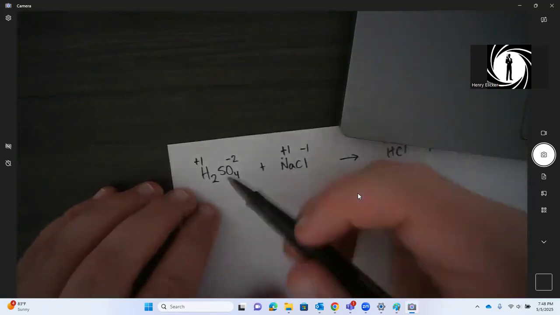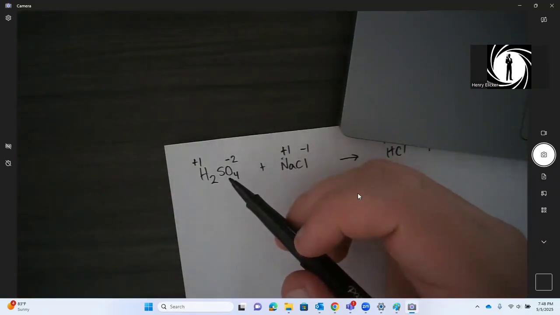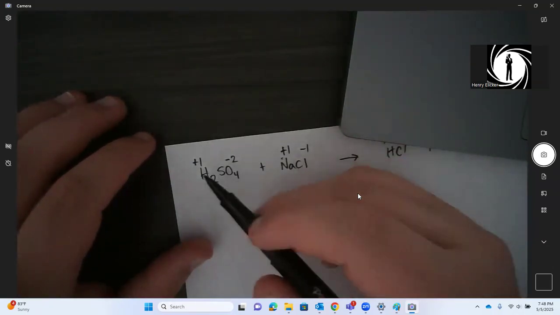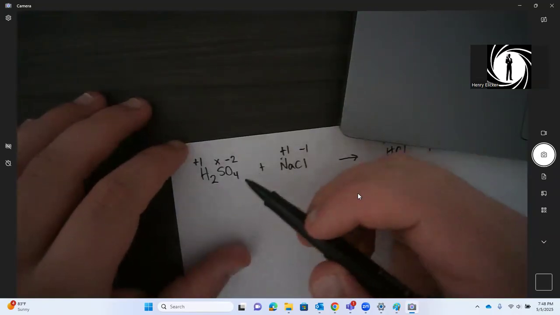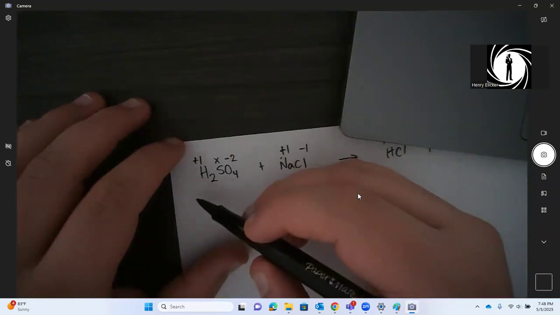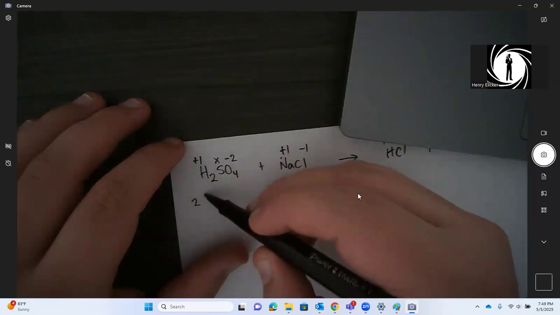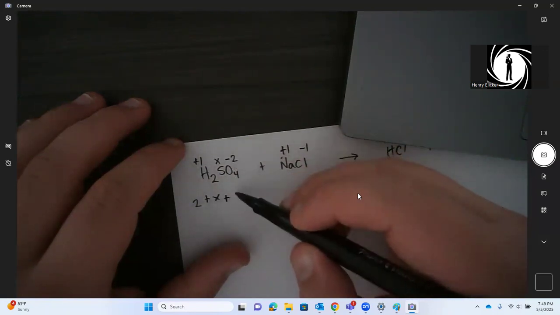Now, we're talking about a neutral compound here, H2SO4. So these numbers have to add up to 0. So we're saying, well, what is the oxidation number on sulfur? Well, it's going to be 2 times the 1, plus the x, plus 4 times the -2, which is really -8, right?